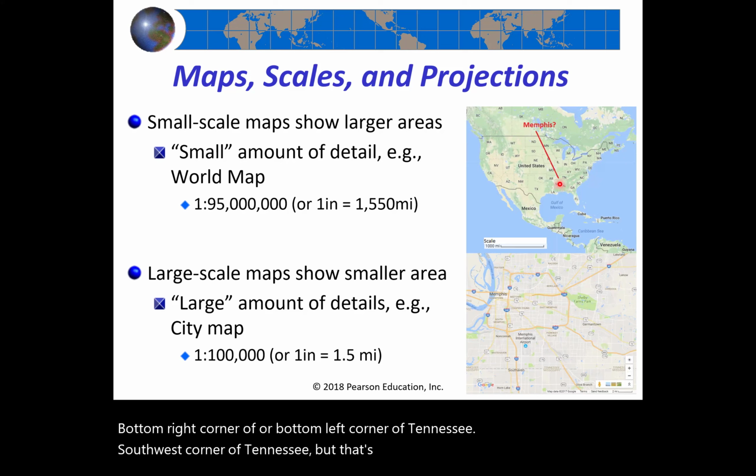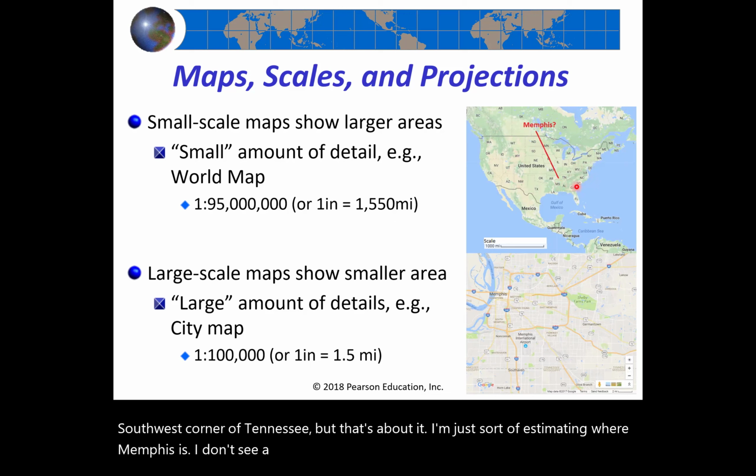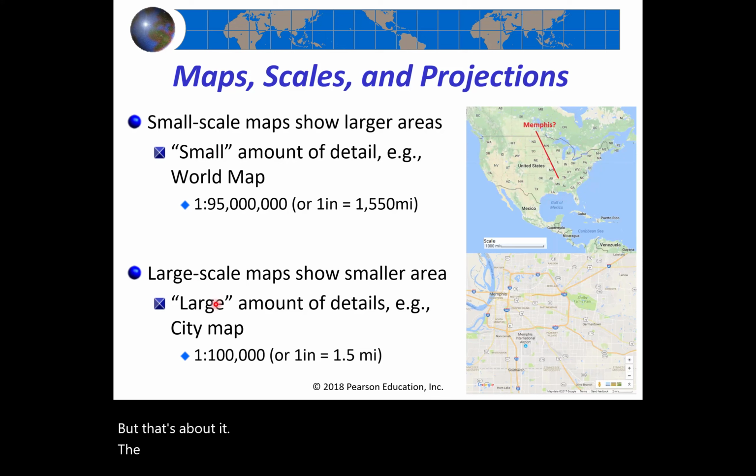I'm just sort of estimating where Memphis is. I don't see a lot of detail here, I can see the states. But that's about it. The large scale maps show a large amount of detail.